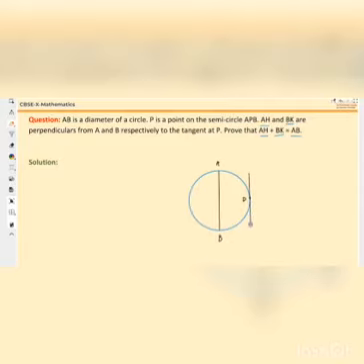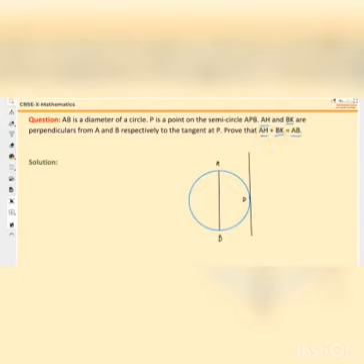So what they are saying is AH and BK are the perpendiculars from points A and B respectively to the tangent at P. Then you need to prove that AH plus BK is equal to AB.